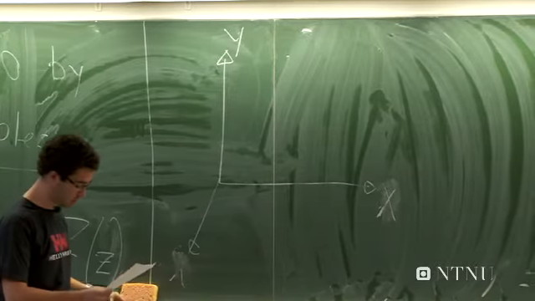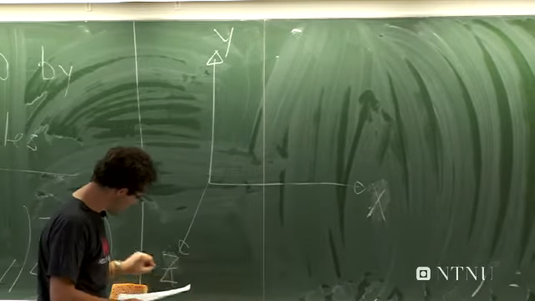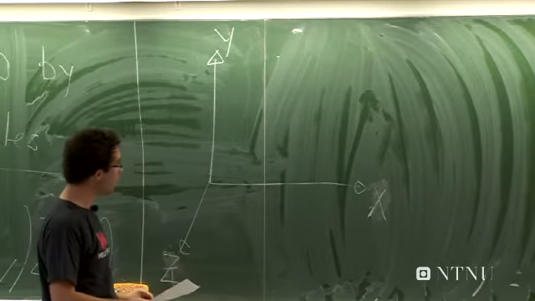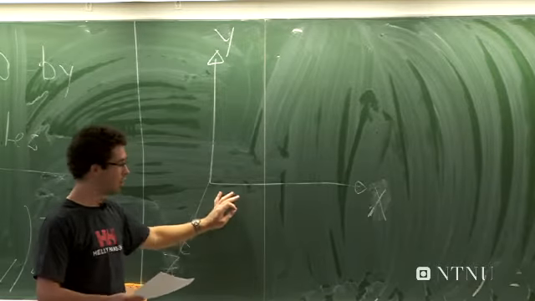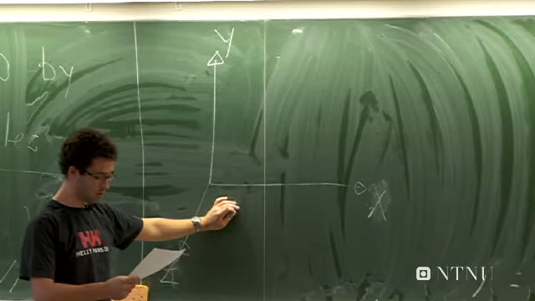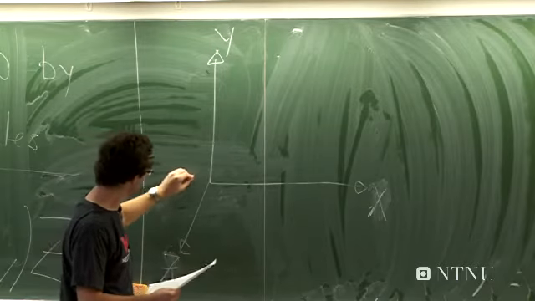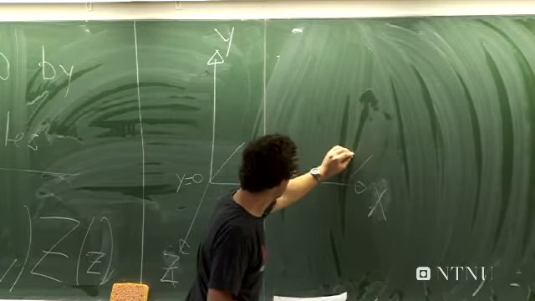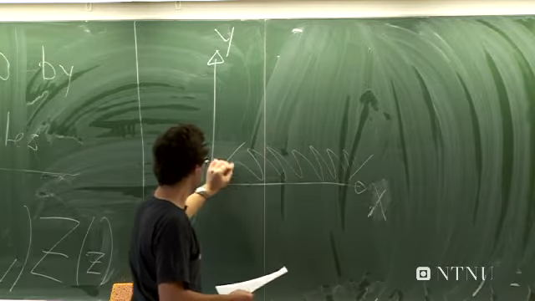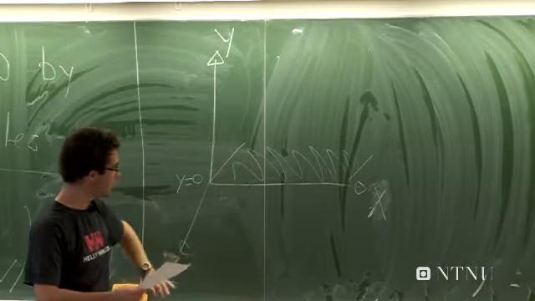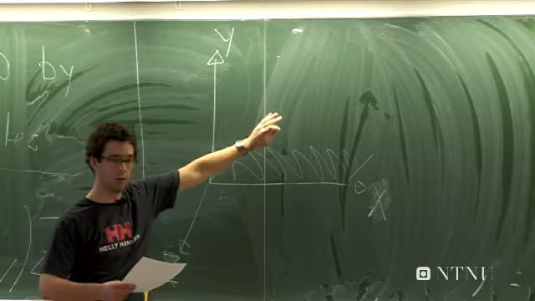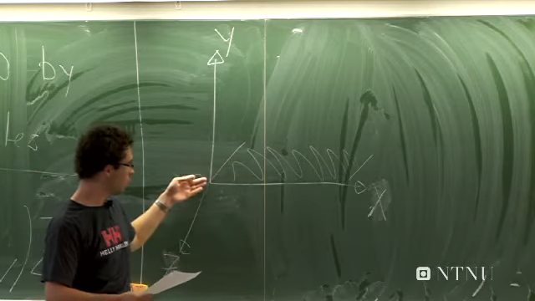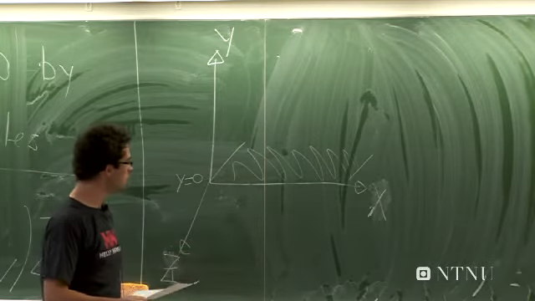Sorry, my brain and the notes are not in agreement. Okay, so now I put a metal plate at y equals 0. So this is a huge metal plate which stretches into infinity starting from x equals 0.